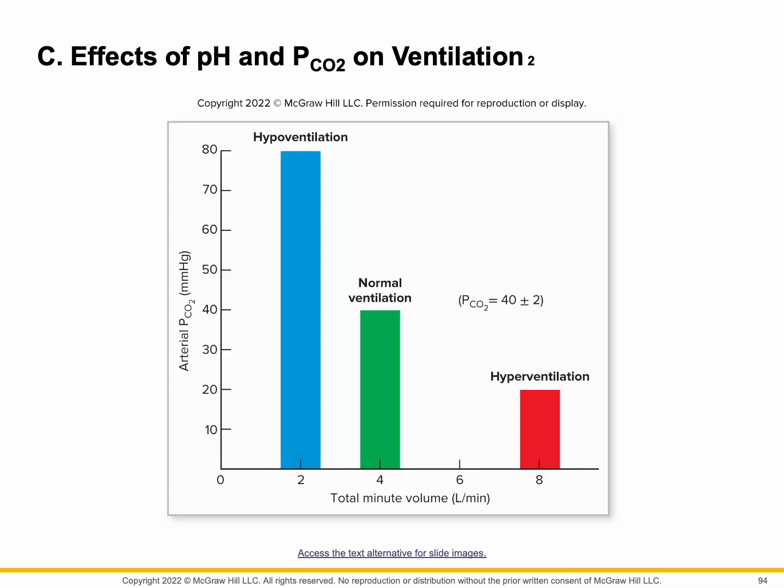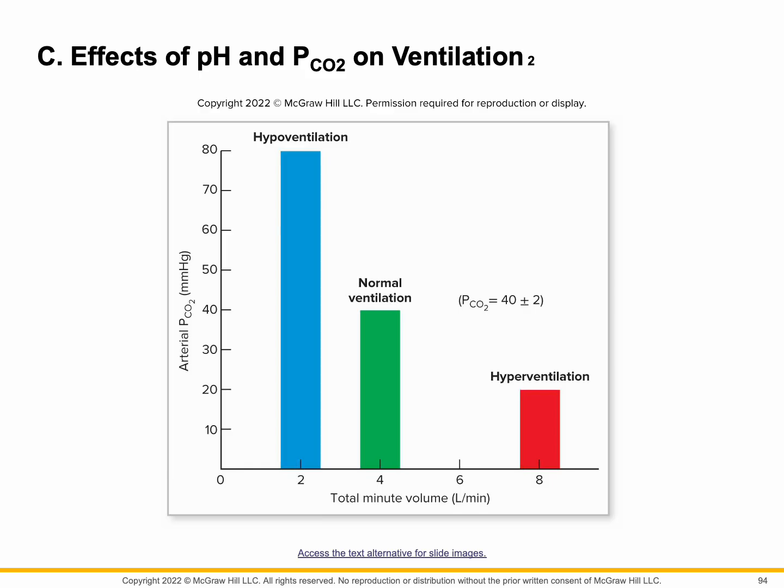So when we're looking at the effects of pH and PCO2 on ventilation, hypoventilation is at 80 millimeters of mercury arterial carbon dioxide pressure.